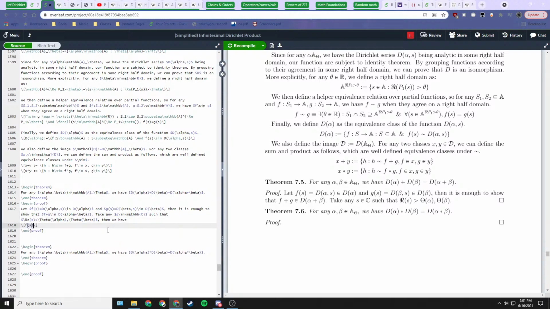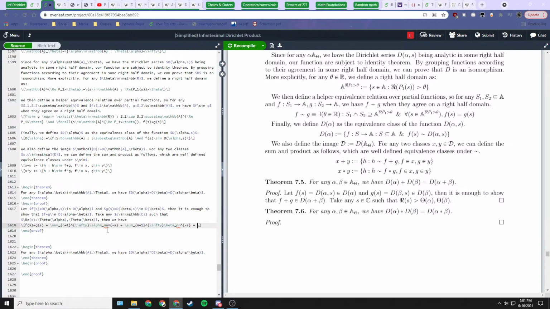f of s plus g of s. This is equal to the sum, n equals 1 to infinity, of alpha sub n times n power minus s. And we're adding this summation, n equals 1 to infinity, of beta sub n, n power minus s.